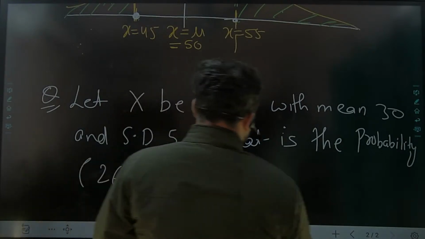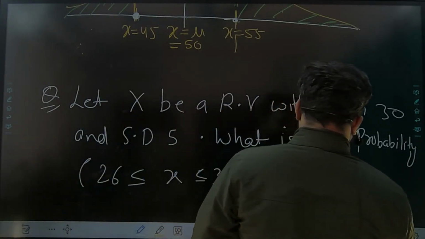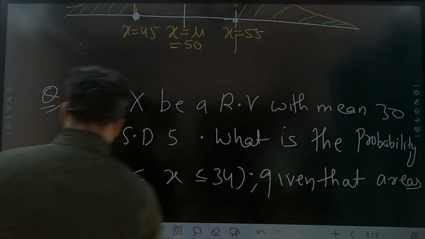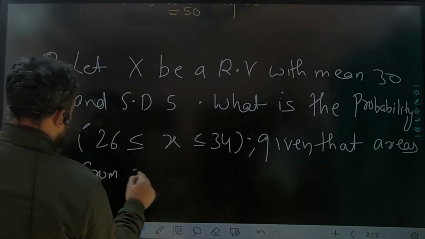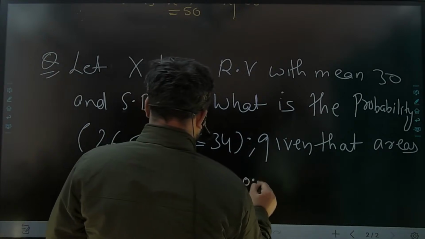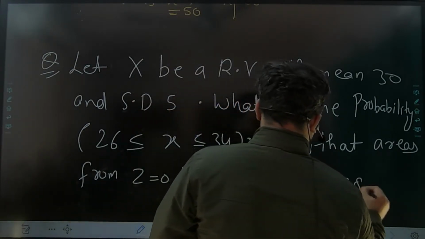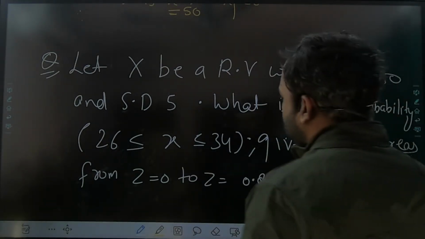Given that the area from z equal to 0 to z equal to 0.8 is 0.2881. This is given, so the z value will be given. You just have to remember the z values for 1, 2 and 3.